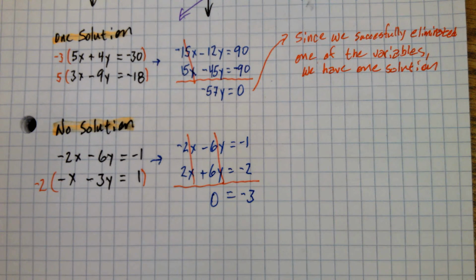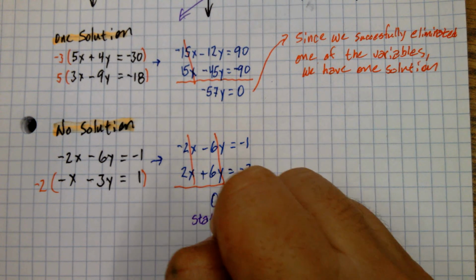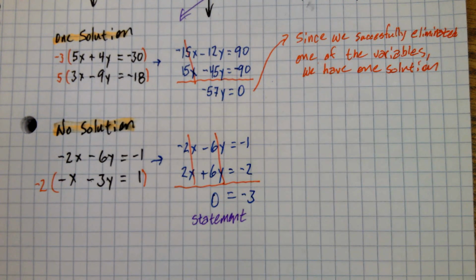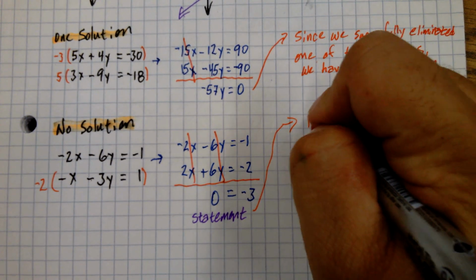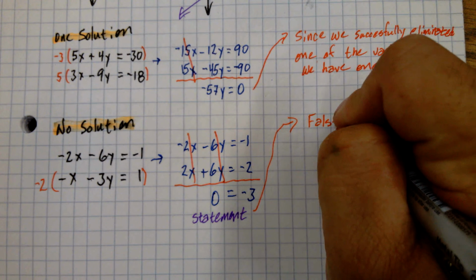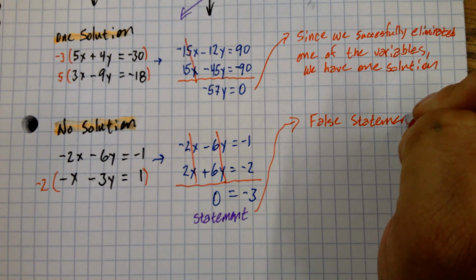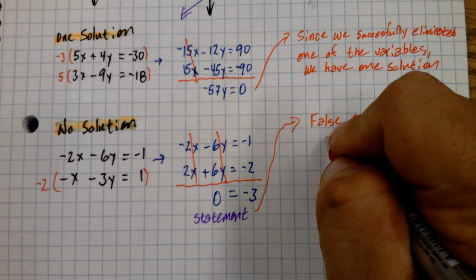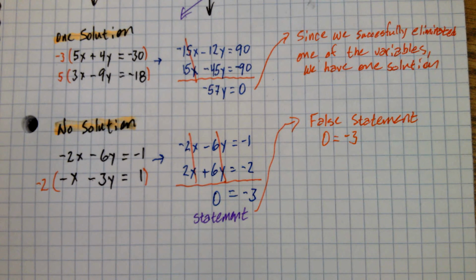So we have a statement again. And the statement is false. So from here we could say we had a false statement, which is 0 equals negative 3, which is not true.